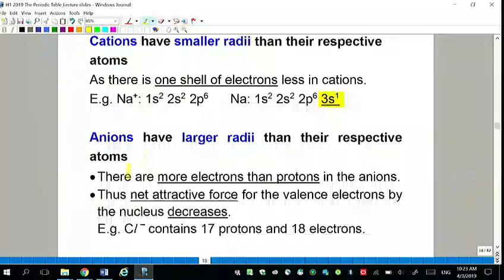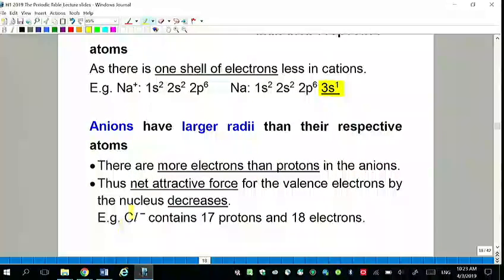For anions, it gains electrons to form the anion. It will have more electrons than protons. When you have more electrons than protons, the net attractive force on the valence electrons by the nucleus will decrease. What do I mean by that? If I have chloride containing 17 protons and 18 electrons, as compared to a chlorine atom containing 17 protons and 17 electrons, now you have one more electron.